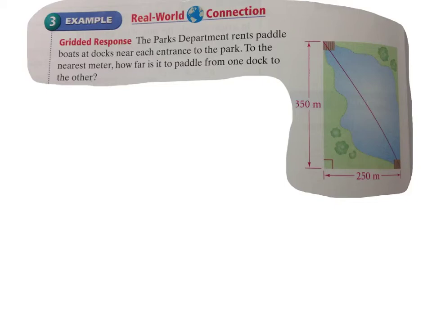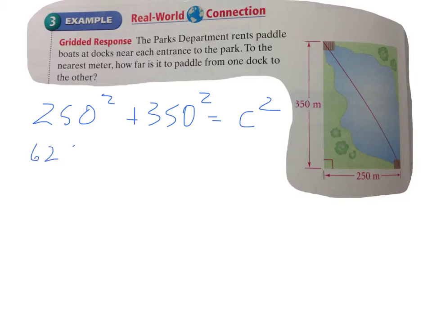Okay, on this one you're going to have 250 squared plus 350 squared equaling c squared. C, again, is the length between the two docks. So you square 250 and you get 62,500.